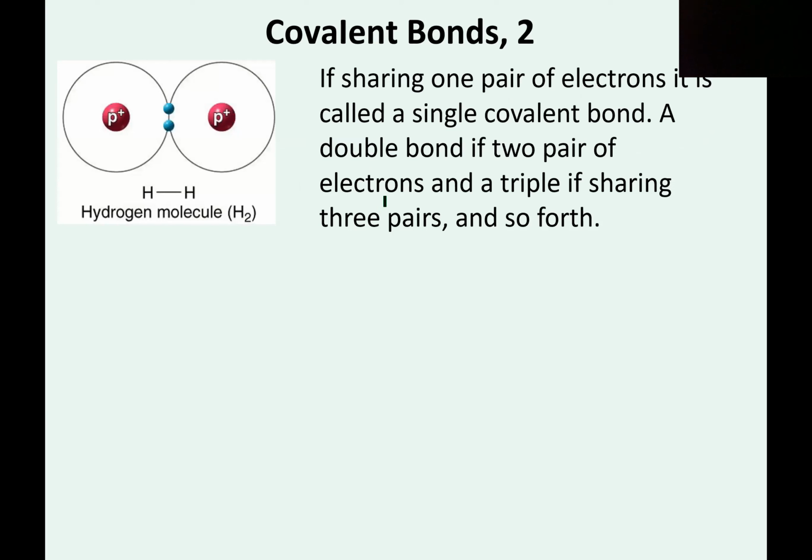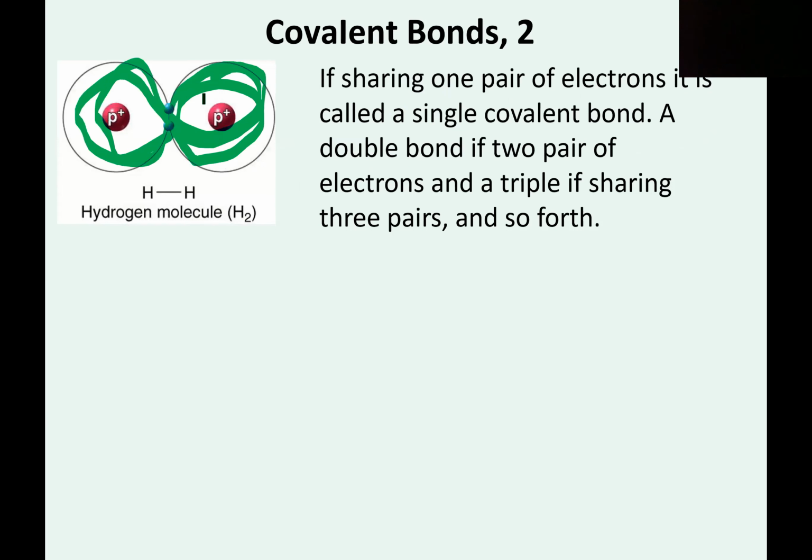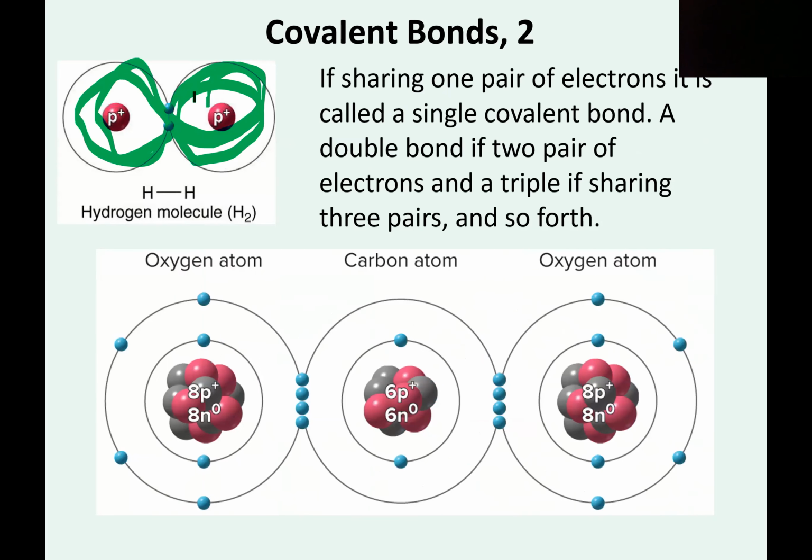Continuing on that same line, if sharing one pair, we call it a single bond. If they share two pairs of electrons, we call it a double bond.